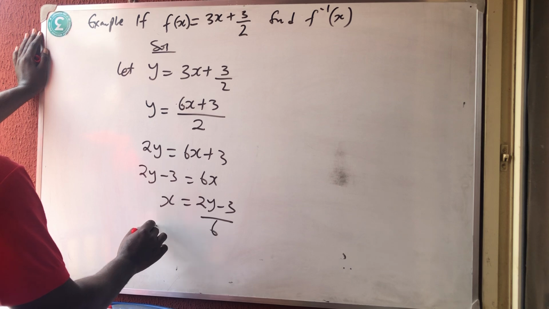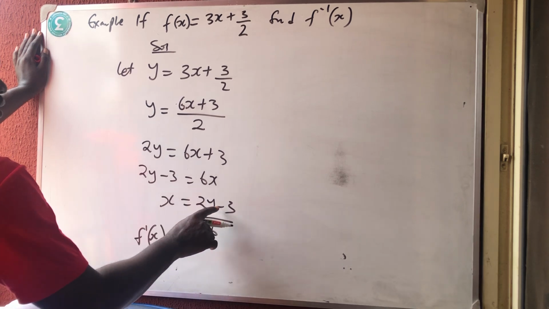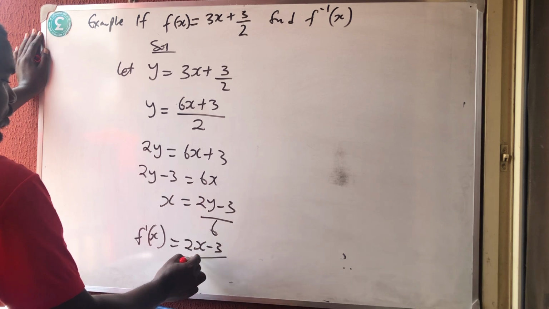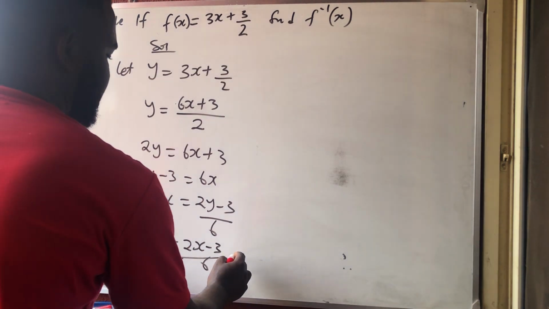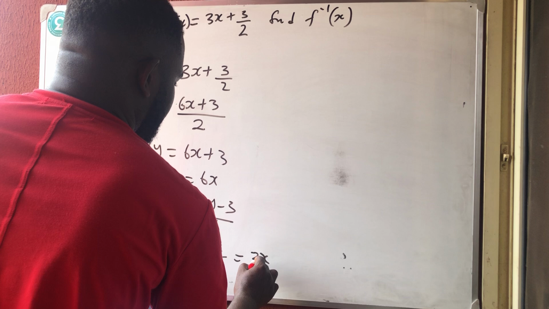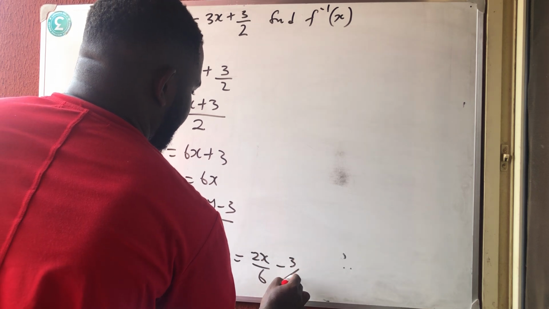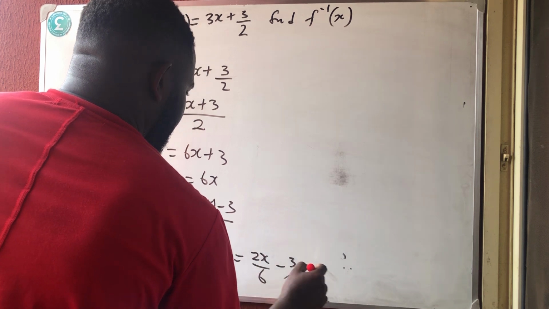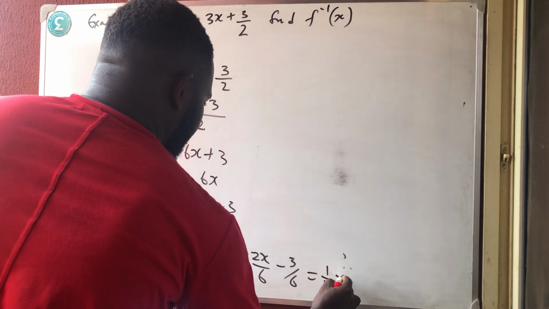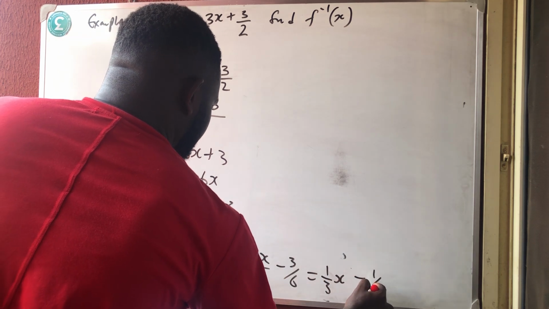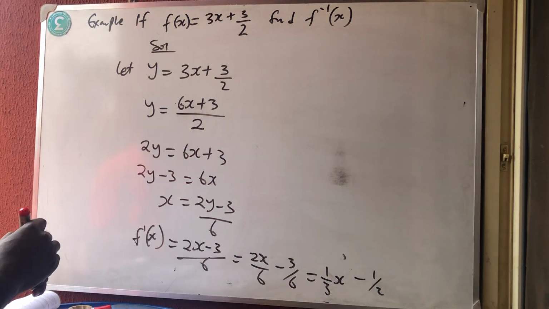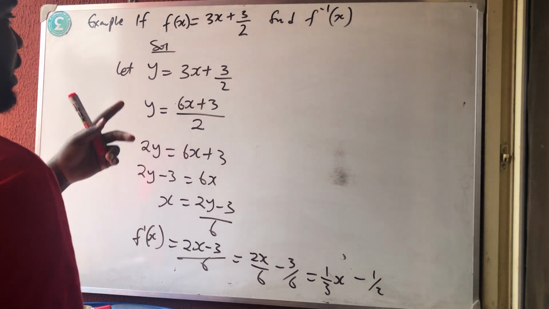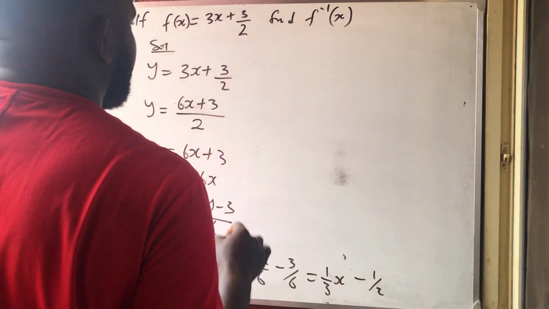So the inverse is, anywhere you see y now, change it to x, which is 2x minus 3 over 6. That is the same as 2x over 6 minus 3 over 6, which gives 1 over 3 x minus 1 over 2. So any of the two is your answer. Just say let it be equal to y, then make x the subject, and that's all.